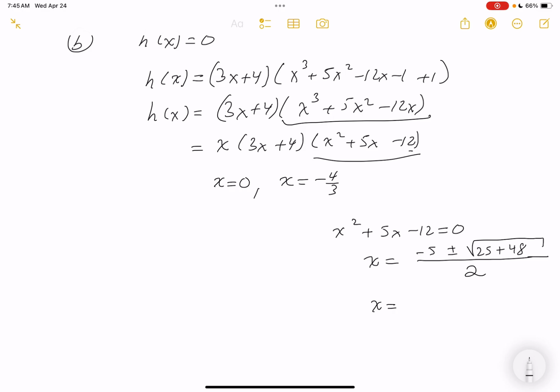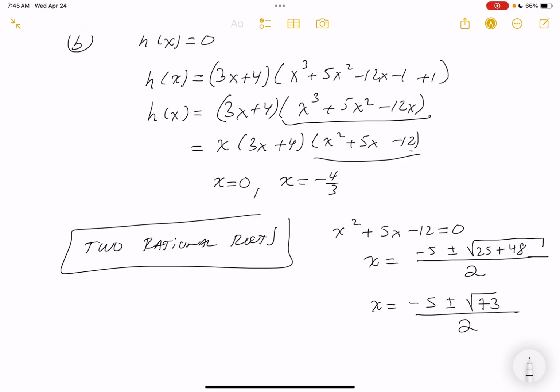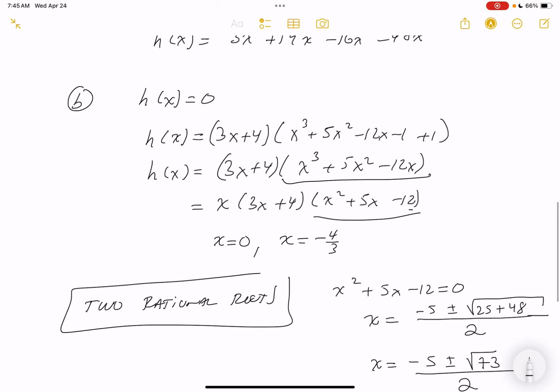Let's take a look at this over here. This is definitely an irrational number. And 25 and 48, 65, 73. Okay. There's 2 rational roots. And that's part B. And that's the work that supports part B, by the way. Thank you.